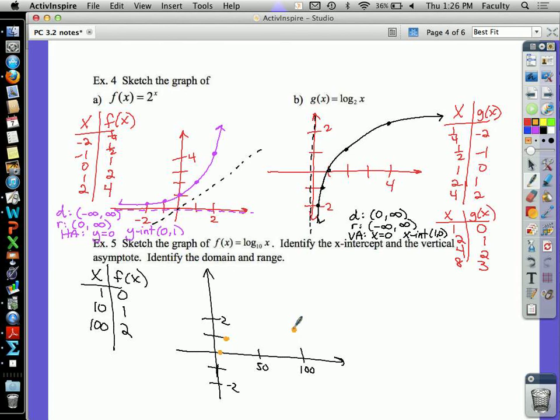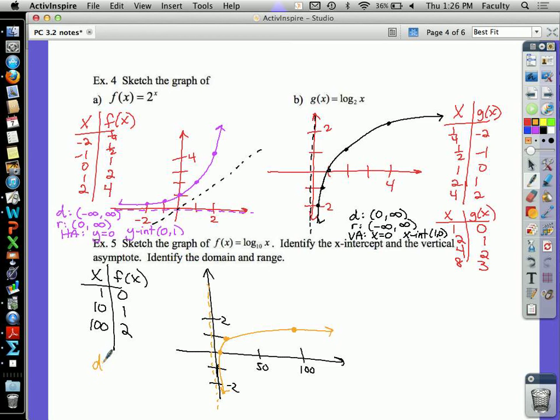Now here's what I was talking about. Here's the danger with using this table. It looks almost like a square root function, but it's not. I know better than that. So I have to draw the extension shooting down to negative infinity.